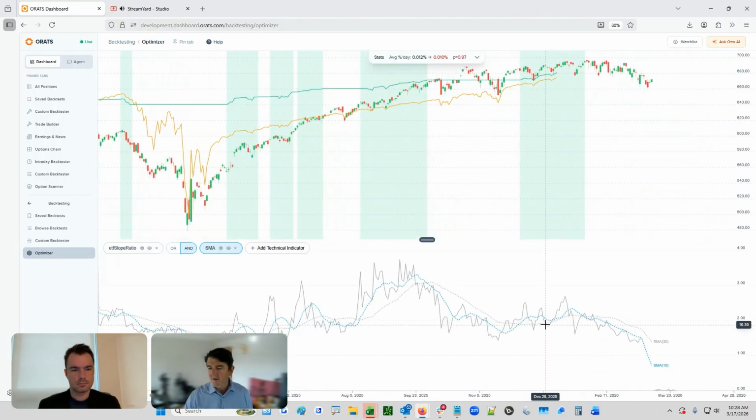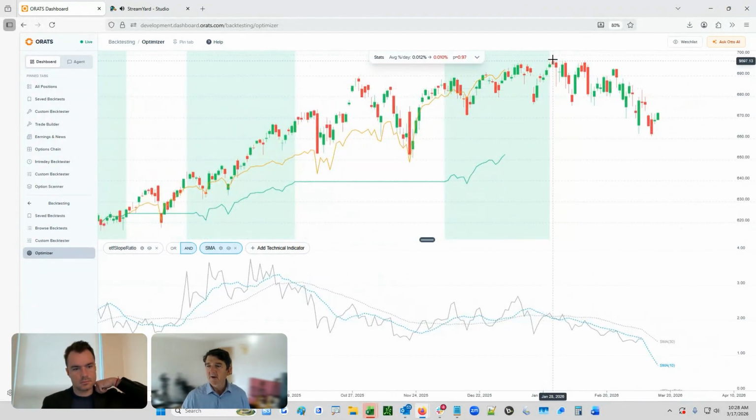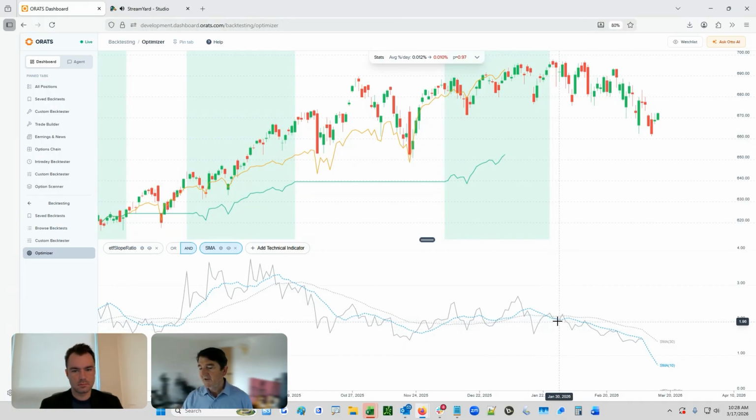But let's just look here. So what's happening, and this is an excellent exit. It got out of here, but it's pretty trigger happy. It's missing some, but it had a good exit here, right? So basically what it's saying is when the SMA 10 gets shallow, you'll notice here that the SMA 10 is falling below the SMA 30.